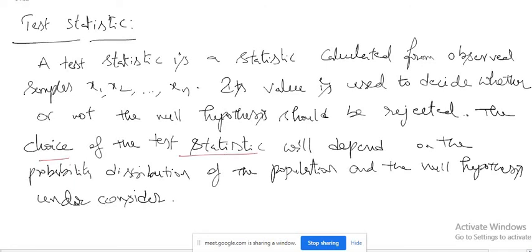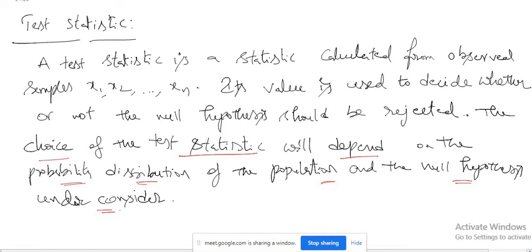The choice of test statistic will depend on the probability distribution. It's different from one probability distribution to another, of the population and the null hypothesis under consideration. How will you define the null hypothesis? H naught: either mu equals 10, mu greater than 10, mu less than or equal to 10, or mu equals 5.